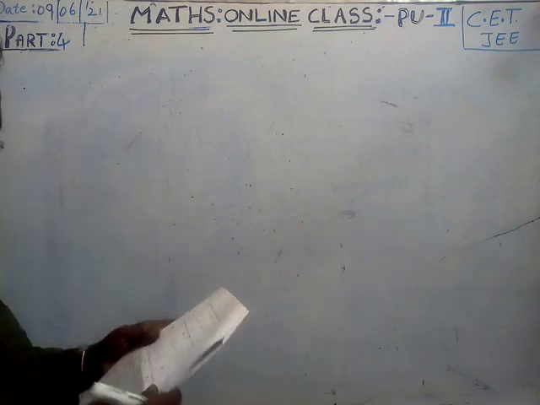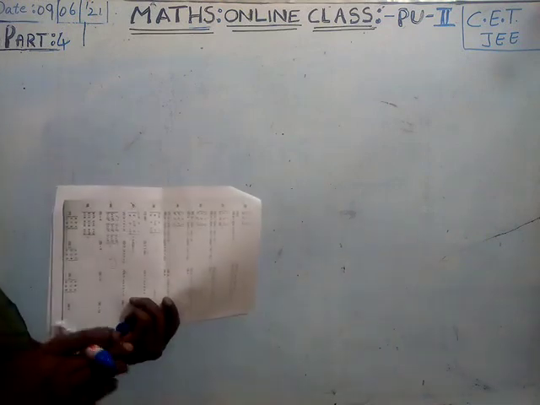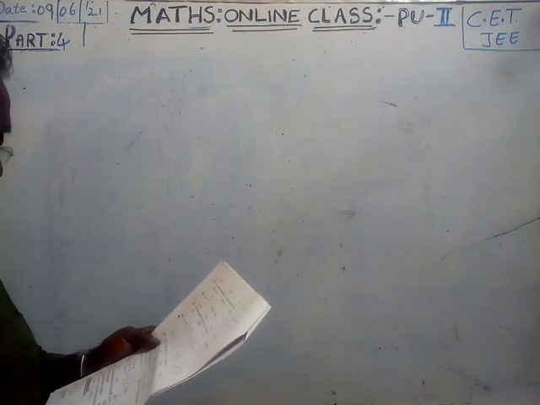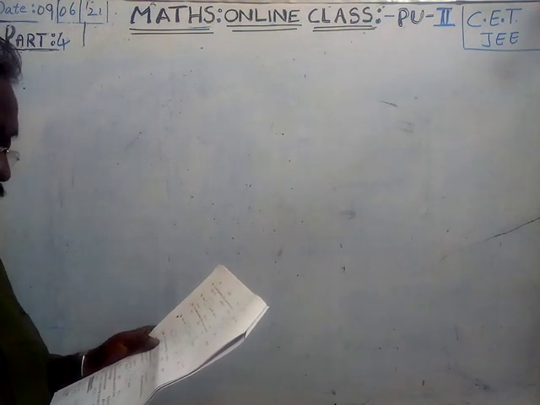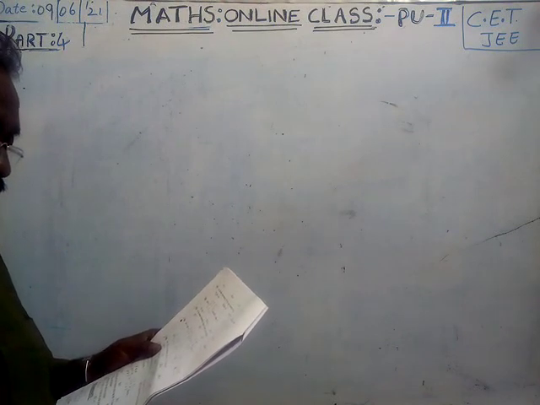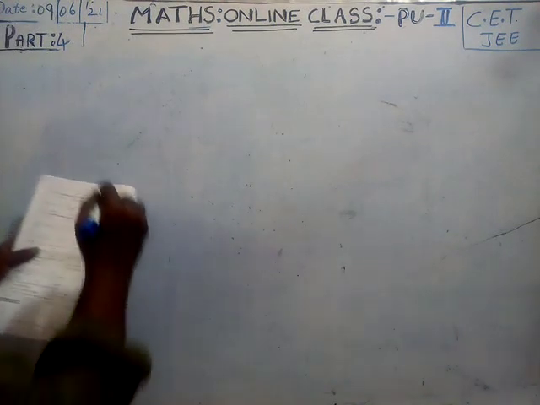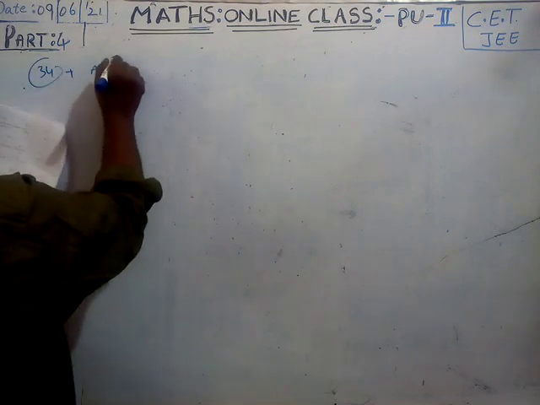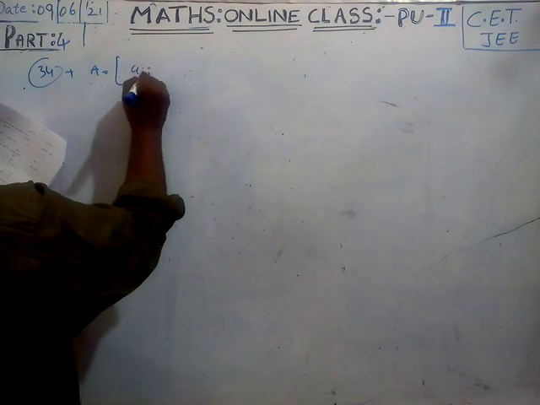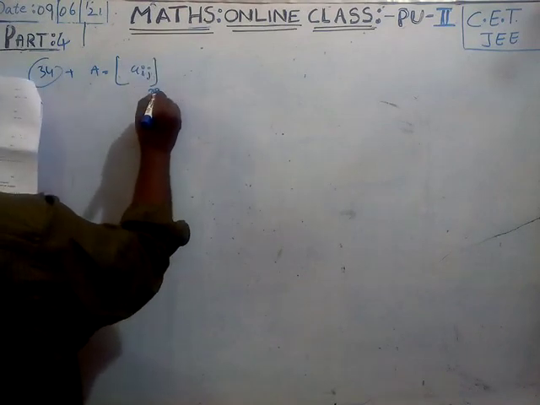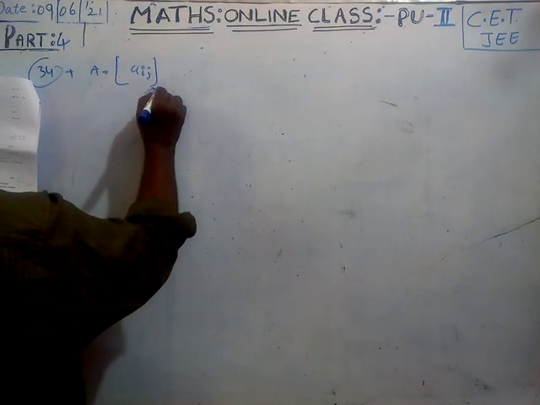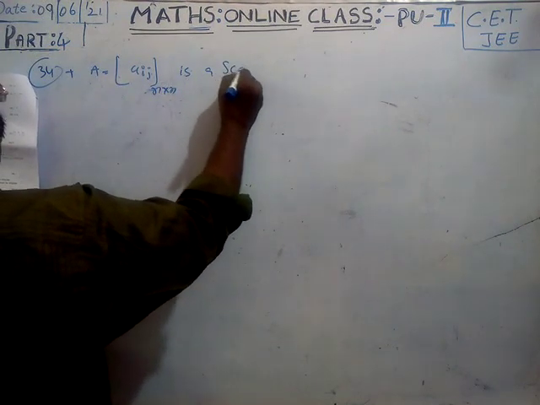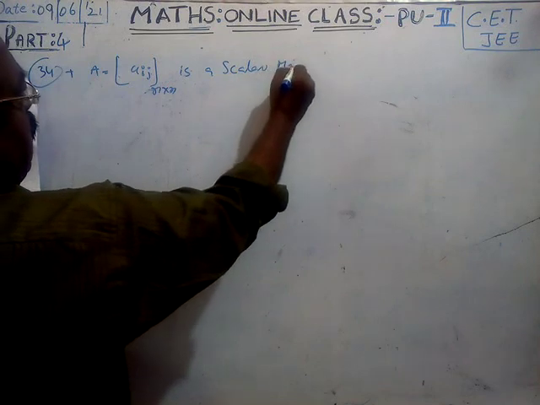And the problem is, I solved up to 34 problems. Continuing, 35th: A is Aij, m by n, a scalar matrix. 34 is A is equal to Aij, it is n by n only, is a scalar matrix.